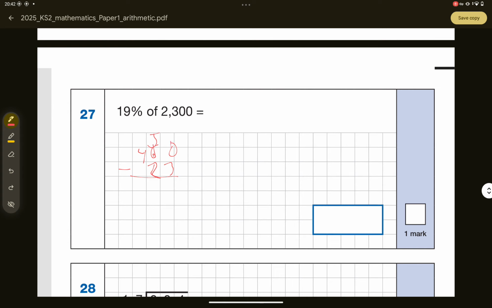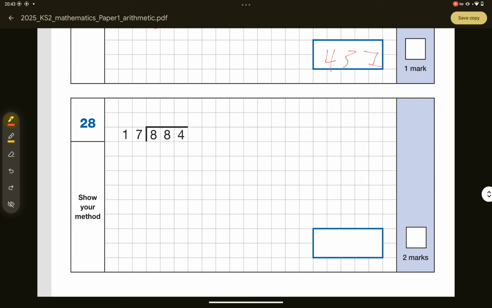So we have to do 20% minus 1%. I hope you understand. So the answer would be 437, because exchange the 6 and turn it into a 5, carry the 1 to the 0, which gives 10, minus 3 equals 7, 5 minus 2 equals 3, 4 minus nothing equals 4.